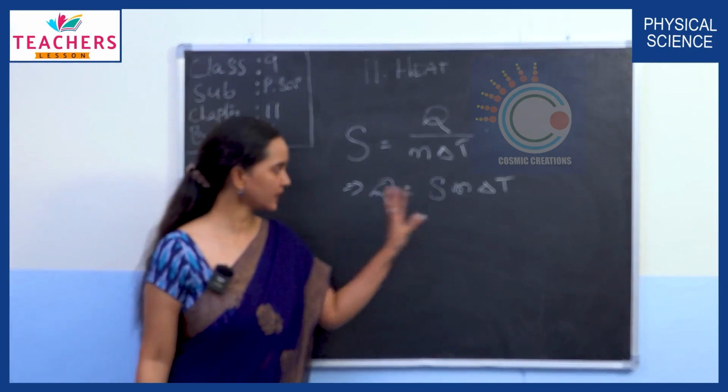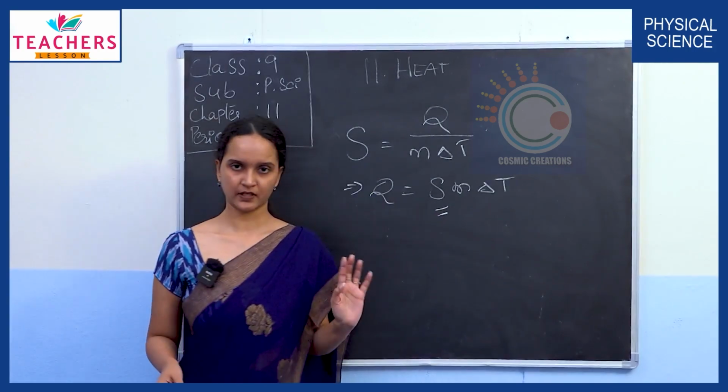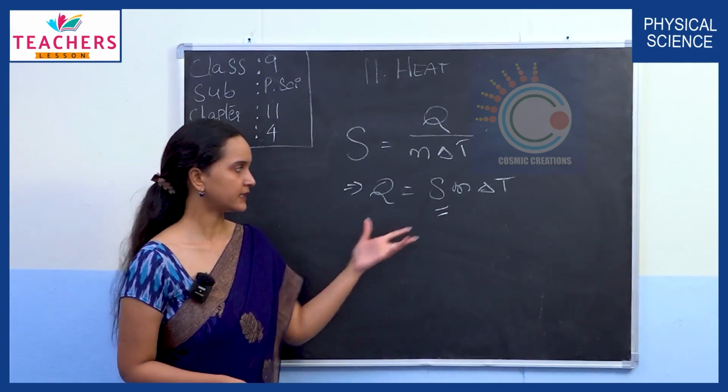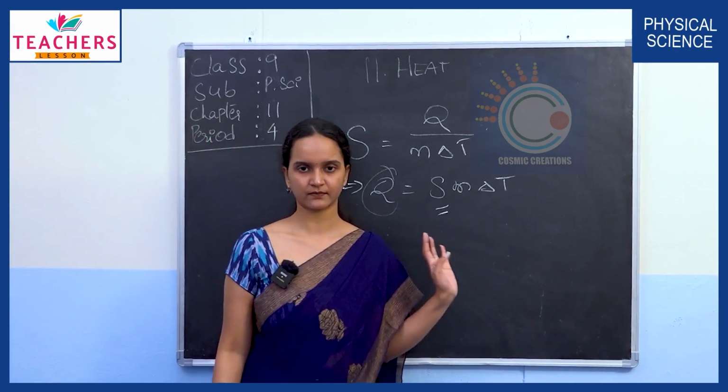So if we know the specific heat capacity for any substance, then we can estimate the amount of heat energy we need to supply to change its temperature. Correct?